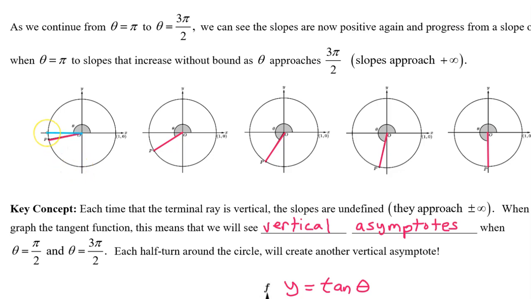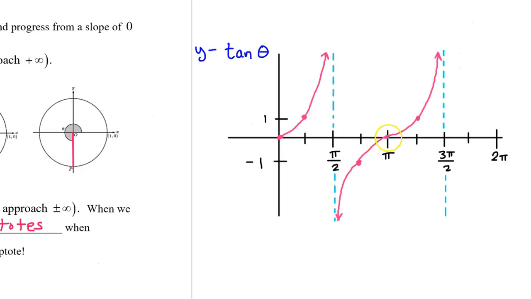The slopes start off at 0 and then become positive in the third quadrant. They continue to increase to positive infinity as we approach 3 pi over 2, passing through a slope of 1 right at 5 pi over 4. So the graph starts at 0, passes through a value of 1 on its way to positive infinity.